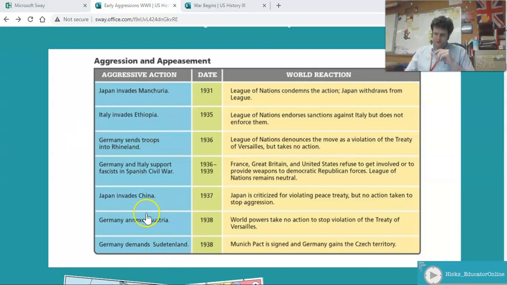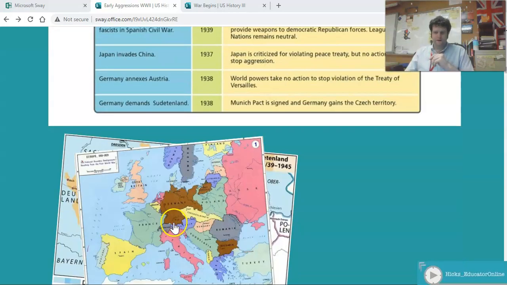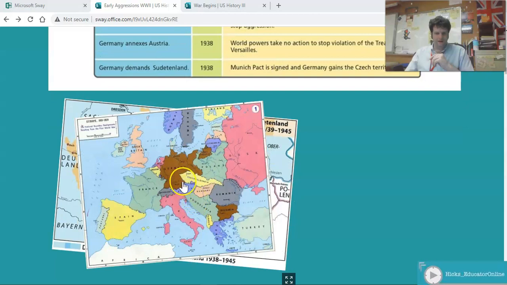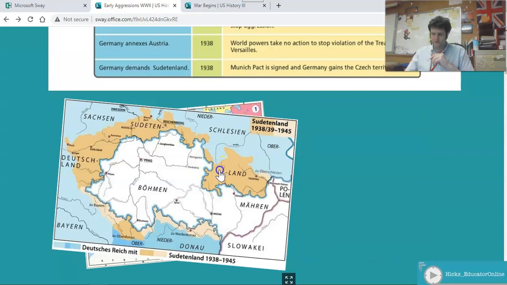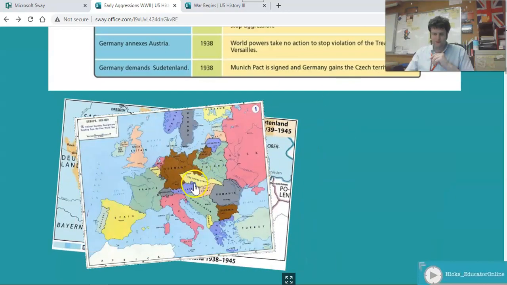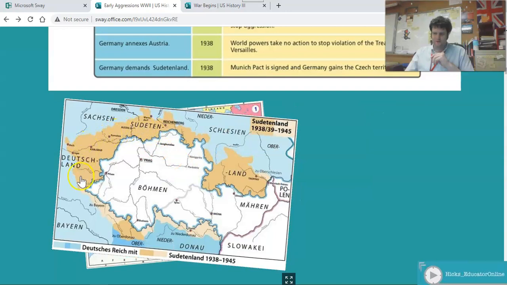But we're going to take a look at one particular example, the Sudetenland. Essentially, the Sudetenland is an area of Czechoslovakia. If you're wondering where that is, Czechoslovakia is right here, and the Sudetenland is this more orangish area. This is land that contains many German-speaking people, people of pure German descent according to the Aryans, the Nazis.